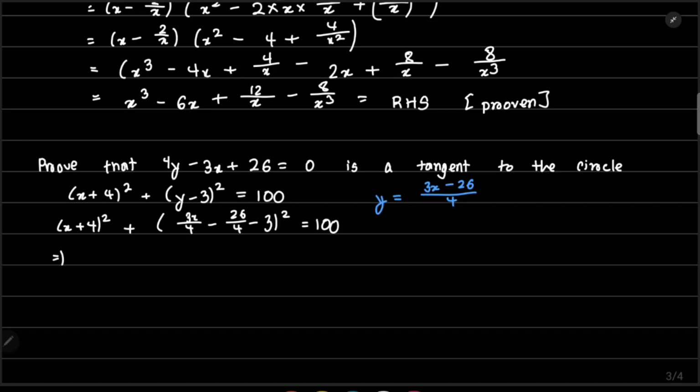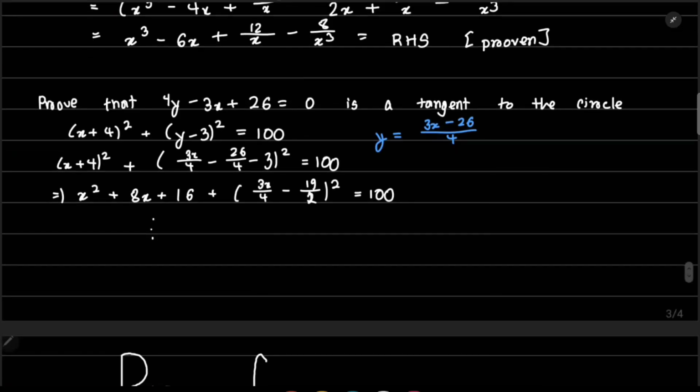I'll get a quadratic in terms of x. So x squared plus 8x plus 16 plus (3x by 4 minus 19 by 2) whole squared is 100.